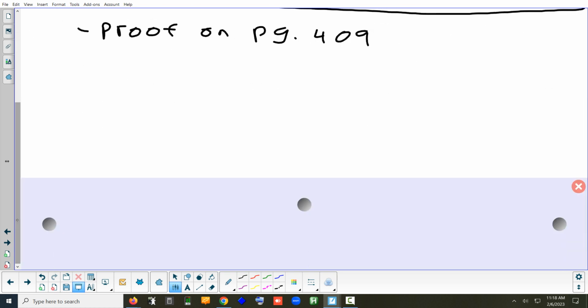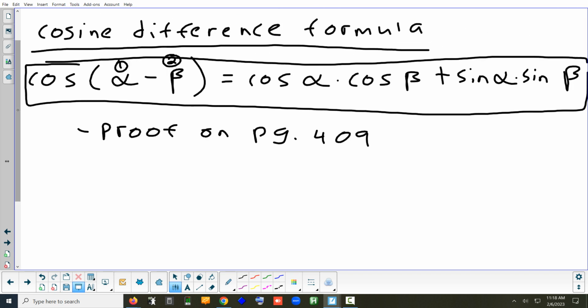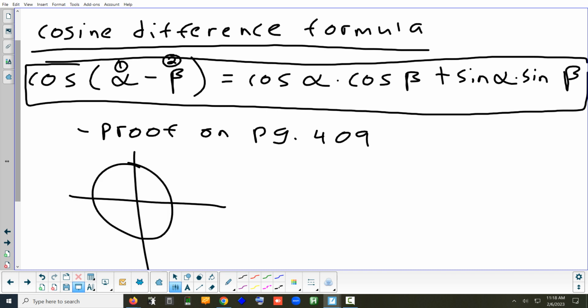Now, generally, this formula is used if you want to do something arithmetic-wise with it. If you want to calculate a trig function that's a multiple of 15. So we studied unit circle trig, and when we did that, we did multiples of 30 and 45. But I showed you on the diagram, if you draw all your 30s and 45s, it basically looks something like this.